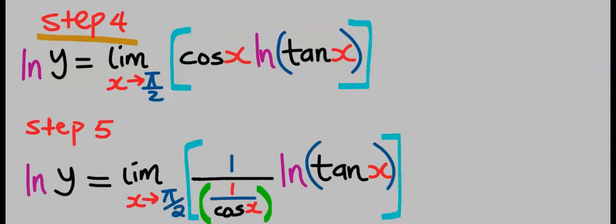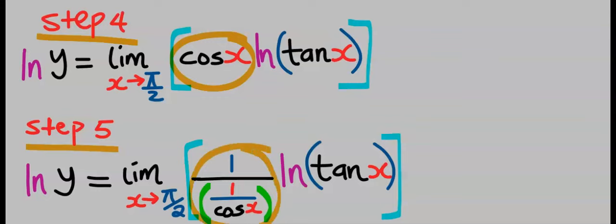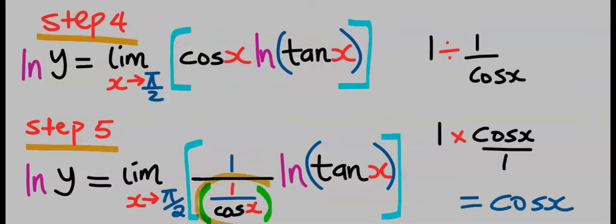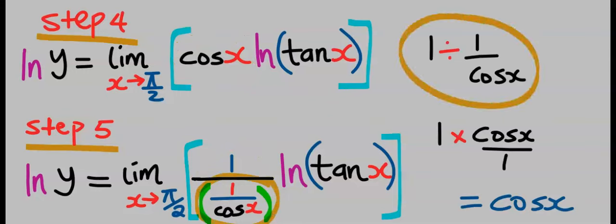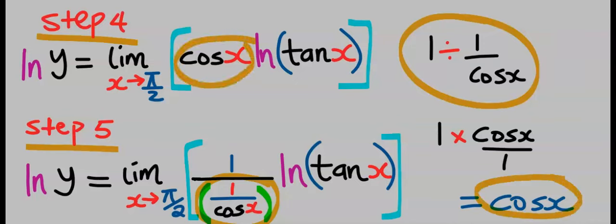Step 4 is the same as step 5 because cos x is the same thing as 1 divided by 1 over cos x. You can see if I solve this denominator, which is this, I'm going to get cos x back, which is this. Hence, nothing has changed.